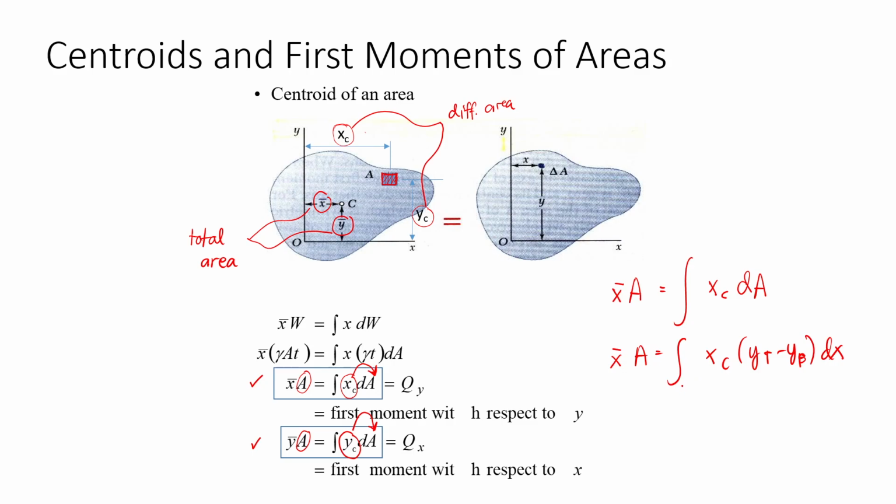That's why the formula presented has no limits yet, because your limit of integration will depend on what particular strip you're going to use. Since you're going to use a vertical strip, the limits are in the x direction, from x1 to x2.